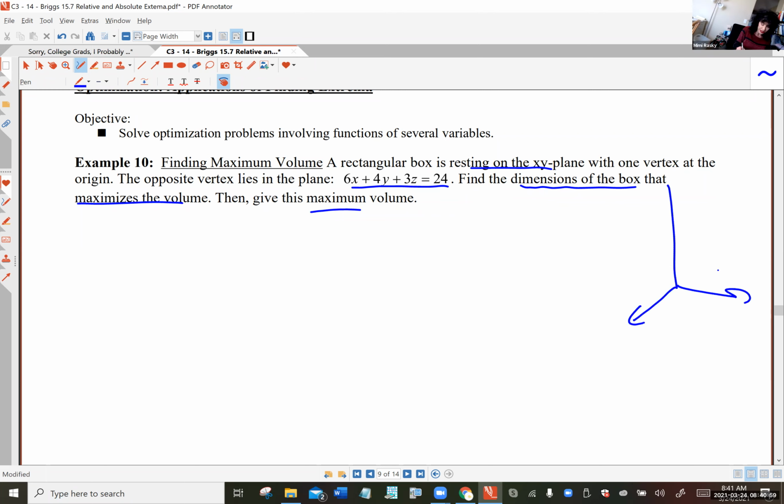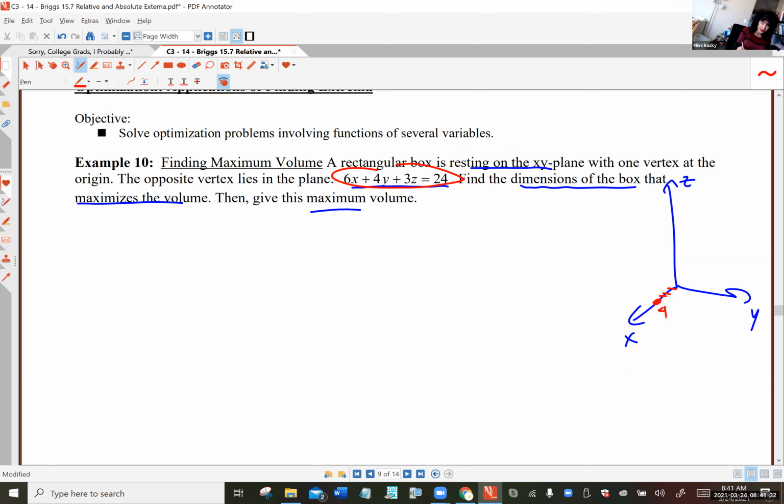we've got a rectangular box that's lying flat on the XY plane, and one of the vertices is in the plane 6x plus 4y plus 3z equals 24. And you guys should know how to sketch planes in space because we went over that, right? So if I find the x-intercept, I set y and z equal to 0, so I get 4 on the x-axis as the x-intercept.